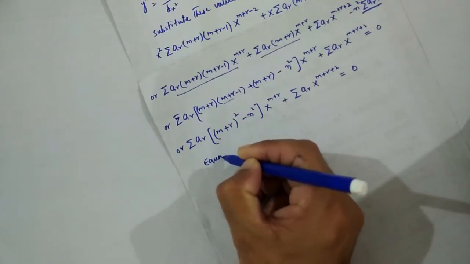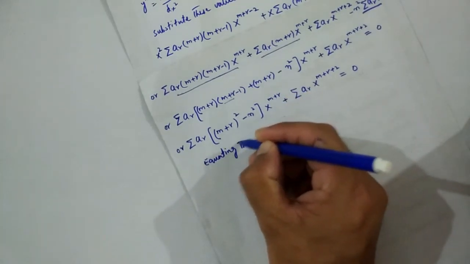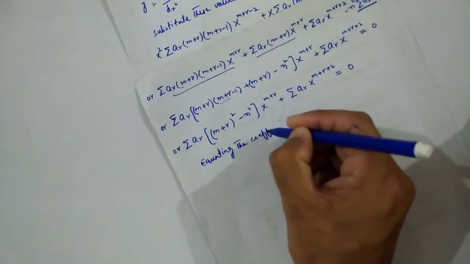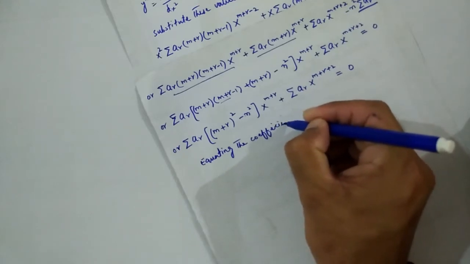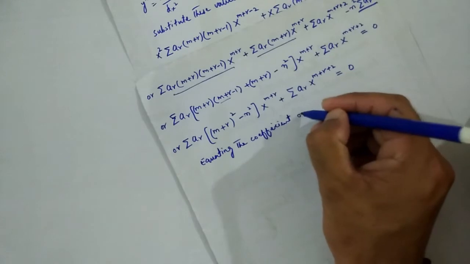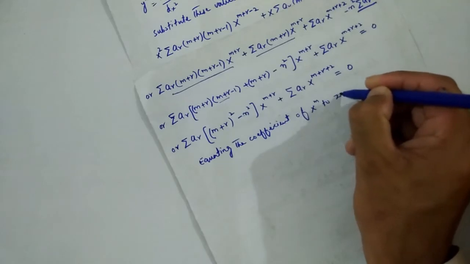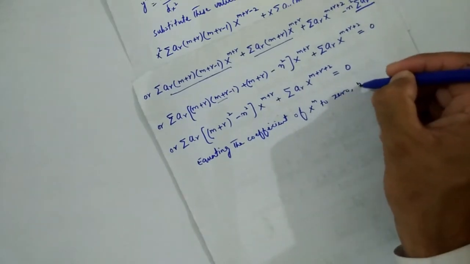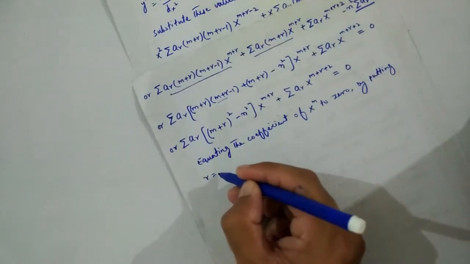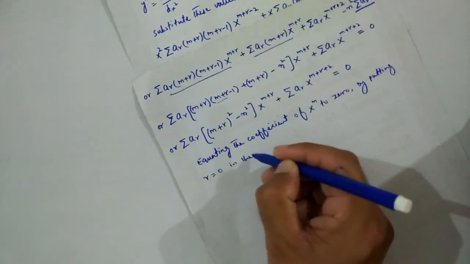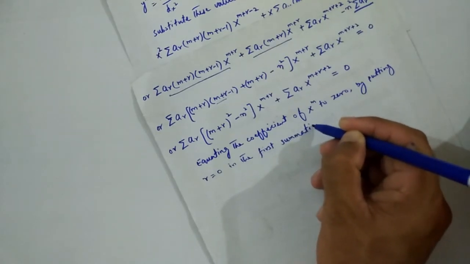Equating the coefficient of x to the power m to 0 by putting r equals to 0 in the first summation only.